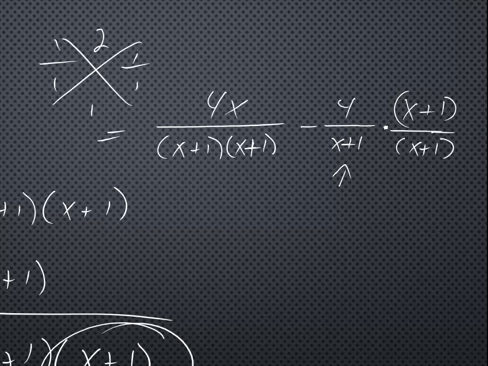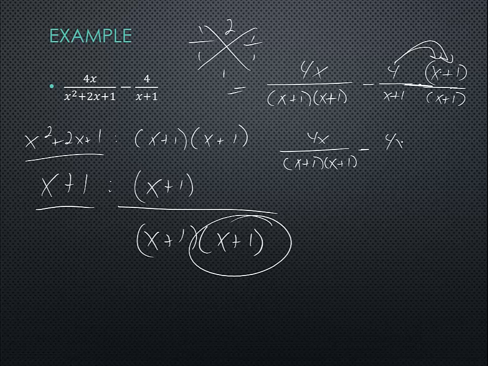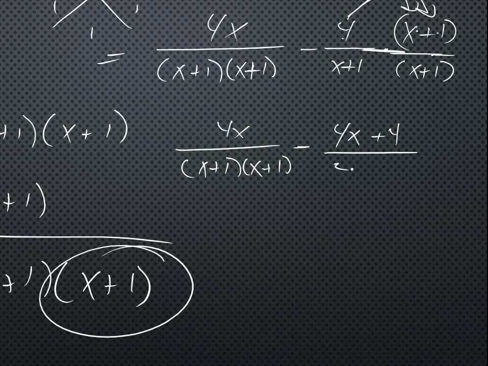Okay, and then after we do that, we need to multiply together our fractions. So connect and multiply. We're going to distribute our 4 into our binomial. And that would give you 4x over x plus 1 times x plus 1, minus 4 times x is 4x, 4 times 1 is plus 4, over your LCD.